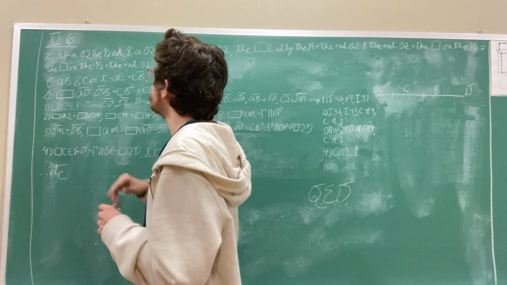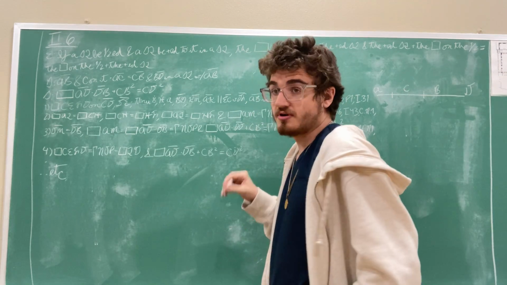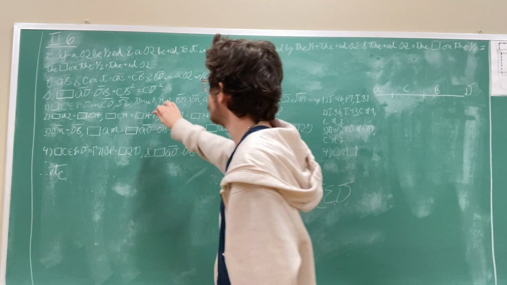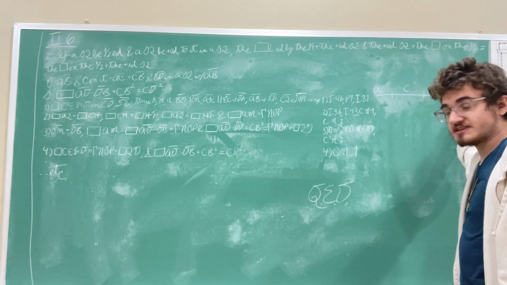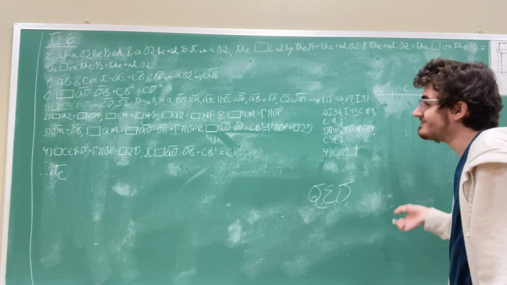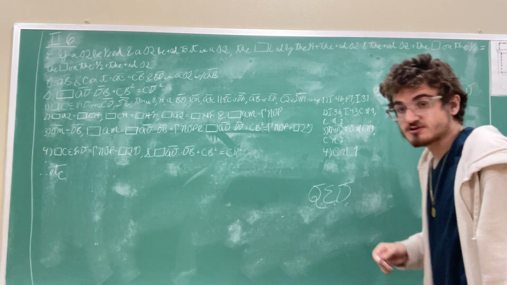So the rectangle contained by AD and DB plus the square on CB is equal to the square on CD, CD being the half plus the added straight line. So that is what we're trying to prove.